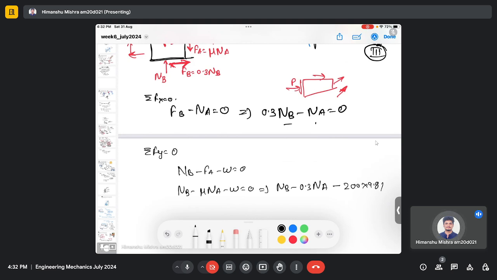From equation 1 here, you get Na equals 0.3 Nb, and you can substitute Na here.